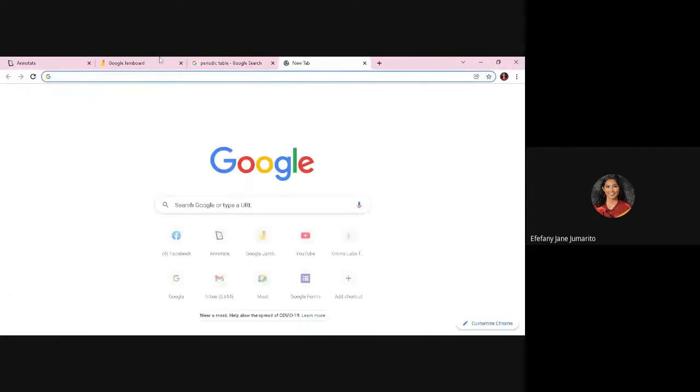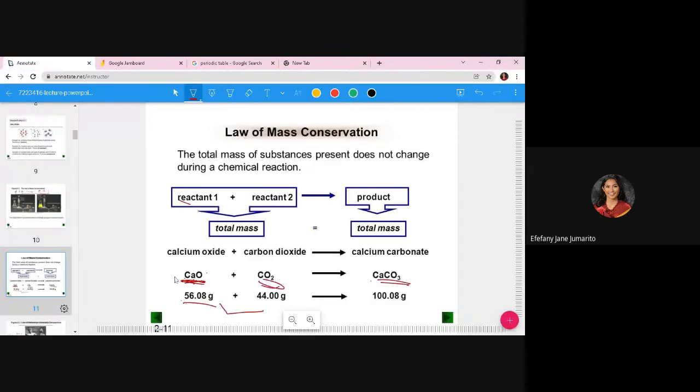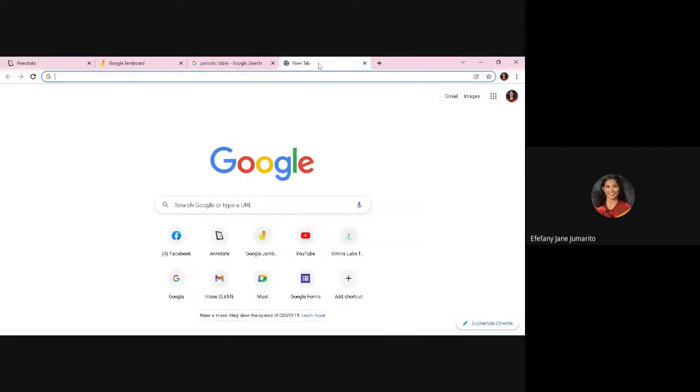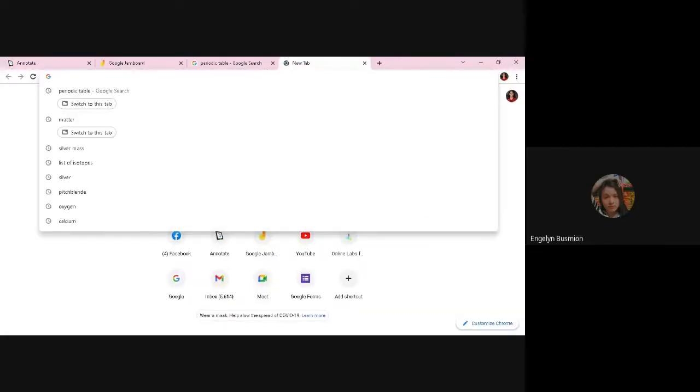So we have calcium oxide. If we have calcium oxide, how many elements are present? Two, ma'am. Two. All elements in the periodic table have their own atomic mass.